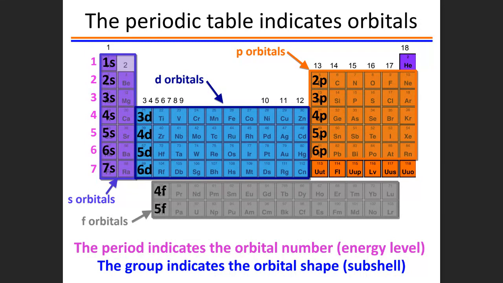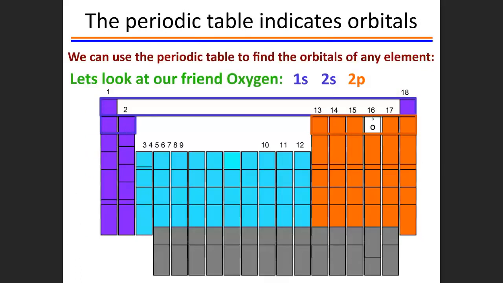For example, let's go here. These are the s orbital, these are the d orbital, these are the p, and these are the f. Now for oxygen, look, oxygen is here, as it's 2, see, 1s2 and 2p6.